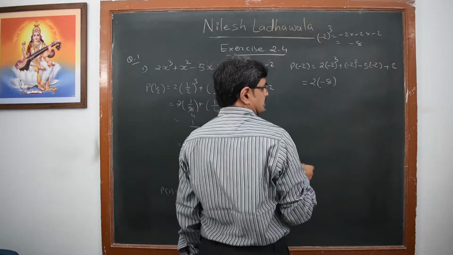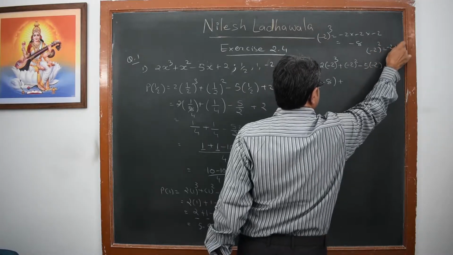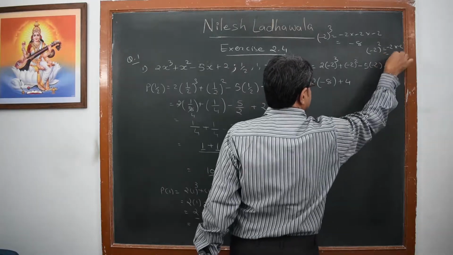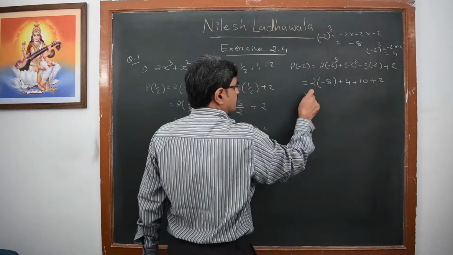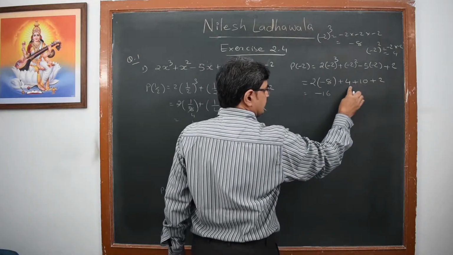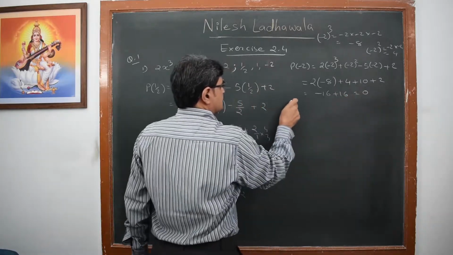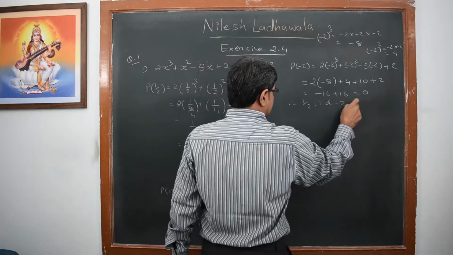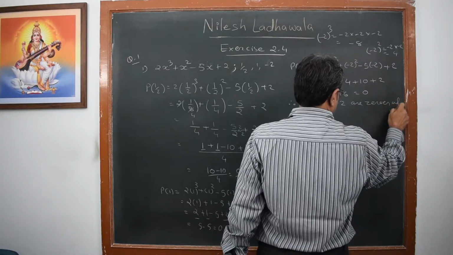So it will be minus 8. Similarly, the square of minus 2 can be written as minus 2 into minus 2, that is plus 4. Minus into minus is plus. So 5 2s are 10 and plus 2. 2 multiplied by minus 8 is minus 16. 4 plus 10 is 14, 14 plus 2 is 16. Minus 16 plus 16 is 0. So I can say that 1 upon 2, 1 and minus 2 are zeros of the polynomial.